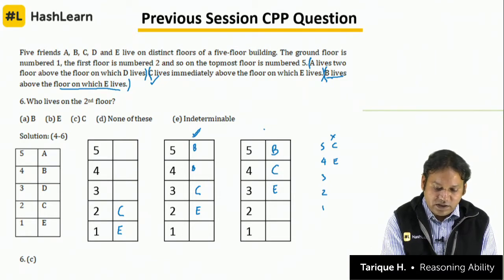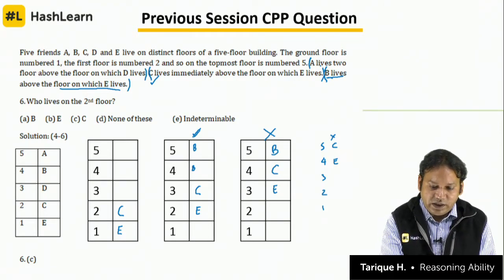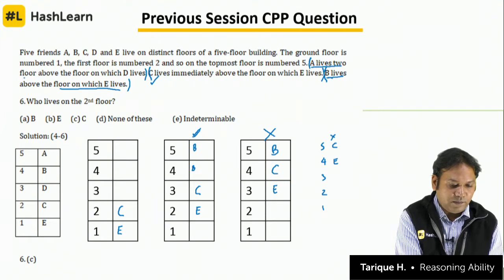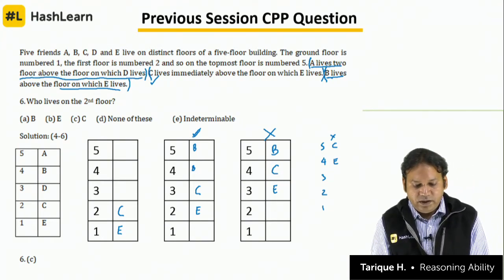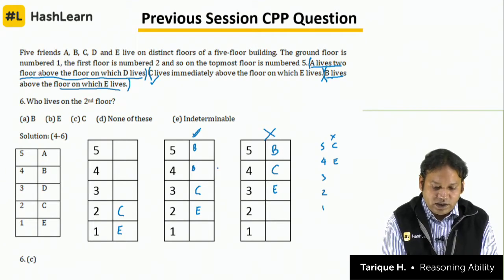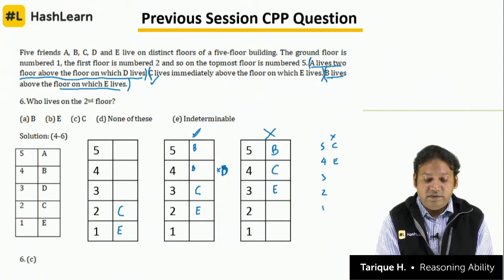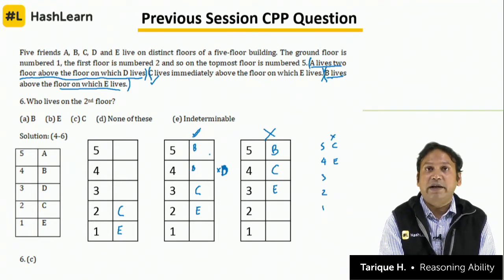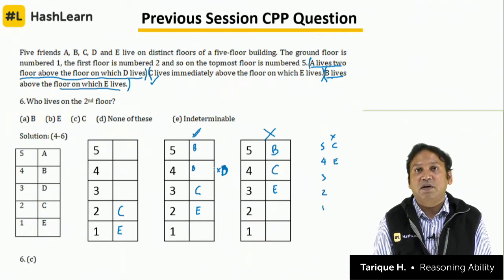बट अभी इस सेकंड केस में फर्स्ट केस थर्ड केस तो कैंसिल हो गया डेफिनेटली। इस सेकंड केस में आप फर्स्ट क्लू पे देखिए, A lives 2 floors above the floor on which D lives, ठीक है। तो A यहाँ तो नहीं आ सकता है क्योंकि, sorry, we can't take D here because A lives 2 floors above D. अभी A कहाँ डालेंगे आप, where will you place A if you put D in the 4th floor?